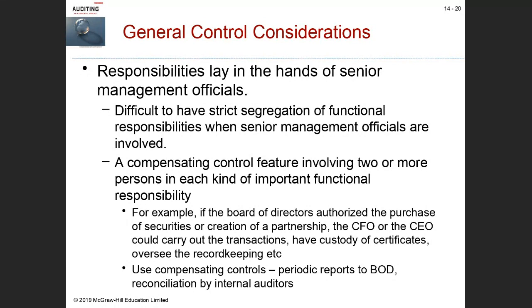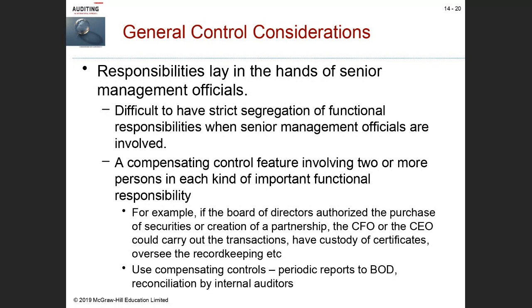So here, the next PowerPoint says, if the board of directors authorize the purchase of securities or creation of a partnership, the CFO or the CEO could carry out the transactions, have custody of certificates, and oversee the bookkeeping. Okay, so here they're saying the authorization is not in the hands of the CEO and CFO, it's in the hands of the board of directors, which of course is a group of people, right?